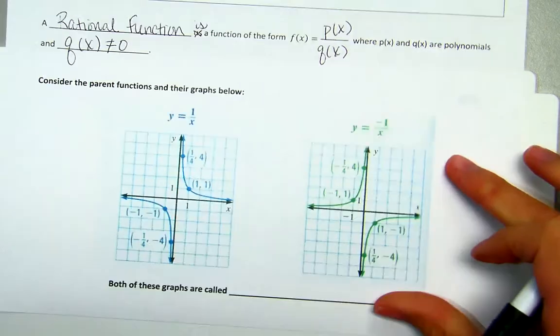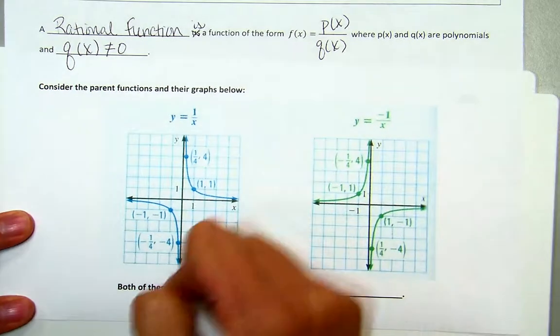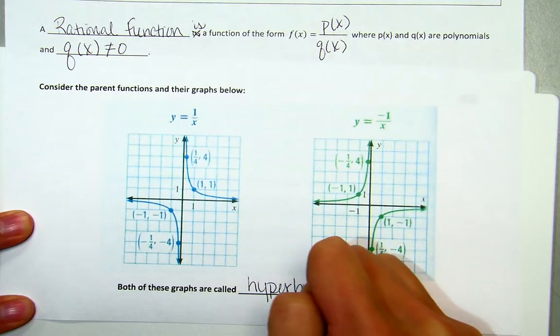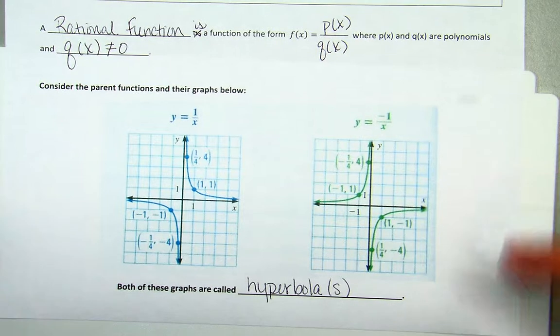The important piece is to know what these graphs are called, and they're both called hyperbolas. So your graphs of your rational functions are going to look like what we call hyperbolas.